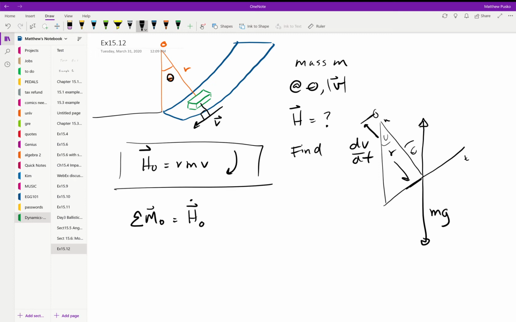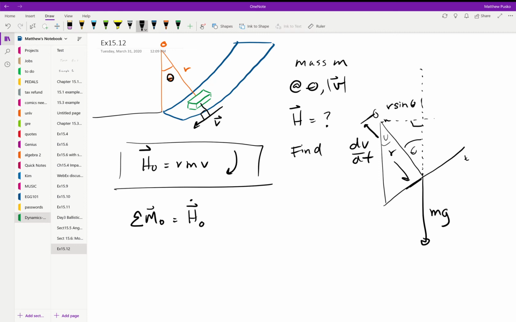If this is our angle theta, I'm going to extend the weight upwards and make a right triangle right there. Okay, if that's r and that is theta, SOHCAHTOA tells me that this is r sine theta.